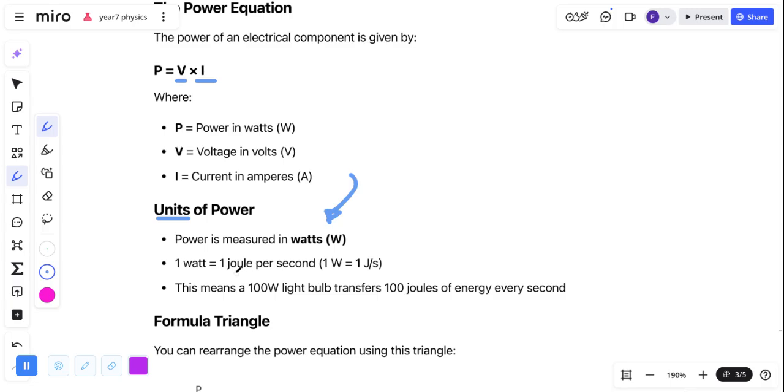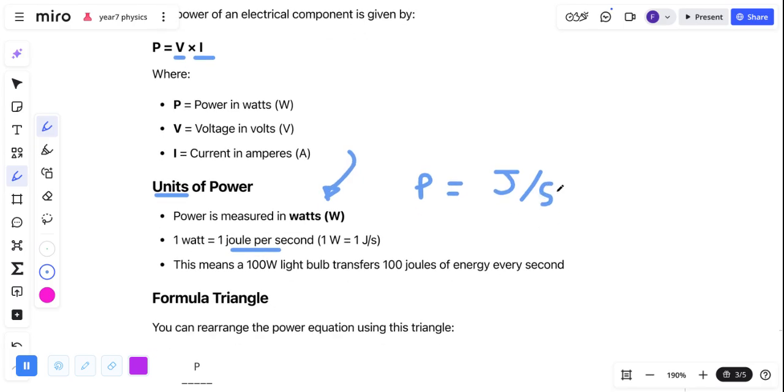And I like the unit 1 joule per second. So 1 watt is 1 joule per second. Or power is, the unit for it is joules per second. Now, per means in 1 second. So power is how many joules, which is a unit of energy.